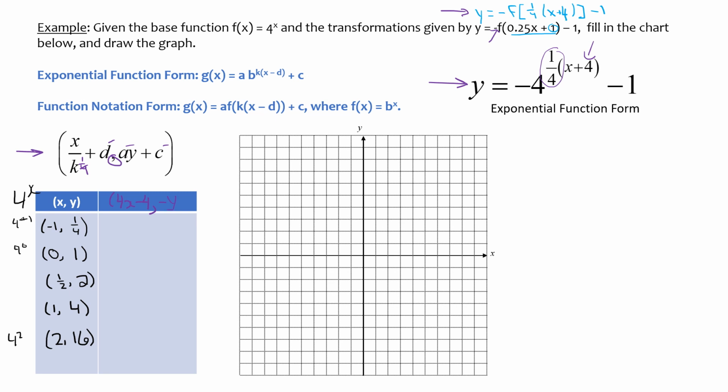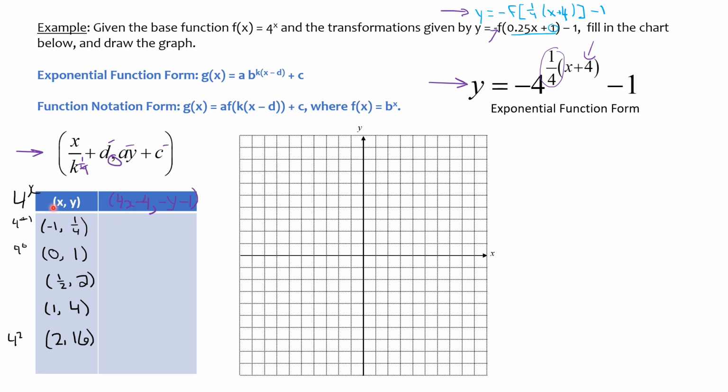My c value is a -1. Okay, so there's my coordinate equation. What I have there is a little mini equation to find my x's, that's this one, and then a comma, and then here are my y's.